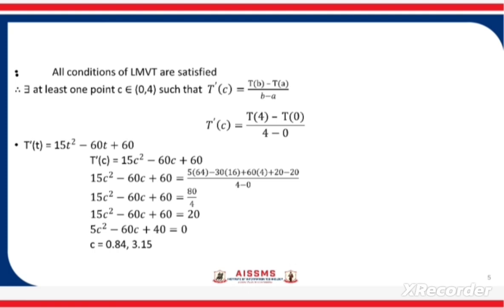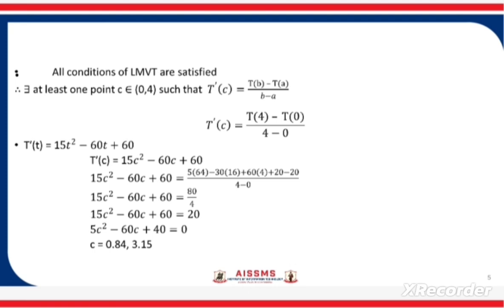They already defined the function T. Now we find the derivative of T. So T dash of t is equal to 15t square minus 60t plus 60. Now we write the function for T dash of c at point c. So T dash of c is equal to 15c square minus 60c plus 60.